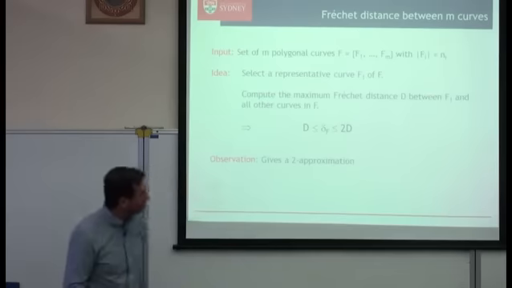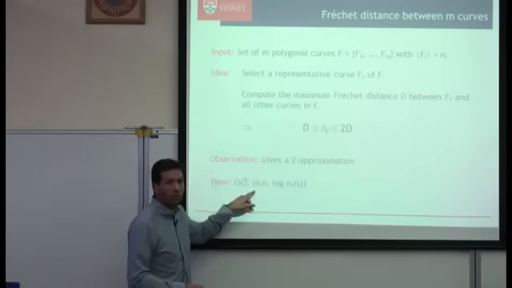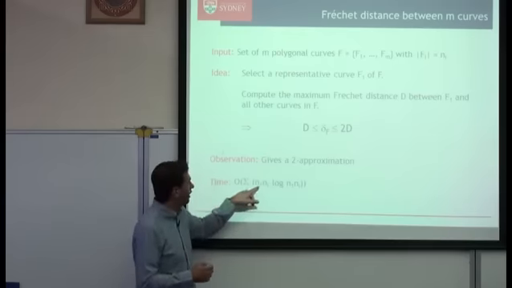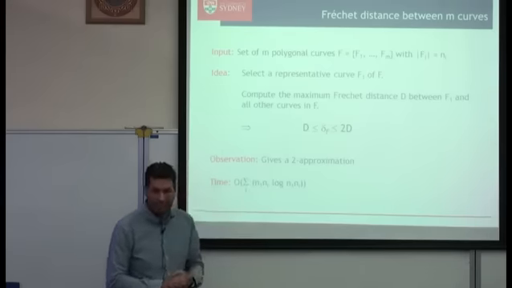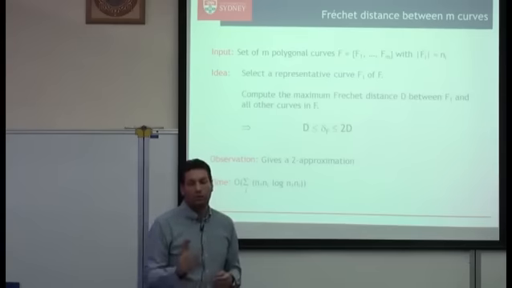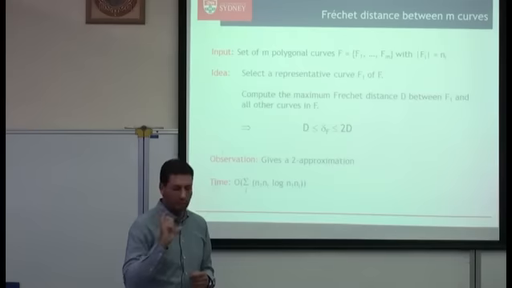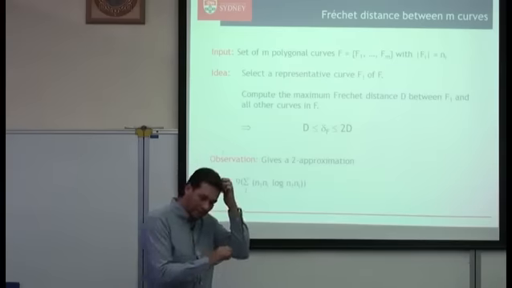So how can we use this? The running time is of course much faster, because now you don't have to sum over all i, j's; you only have to sum over n1 and ni. Which version of the problem are you asking about? The max length? Yeah, I'm still going to do the max length, but now I'm going to allow a 2 approximation on the Fréchet distance, because I know I can't really do anything if I allow exactly the distance d.